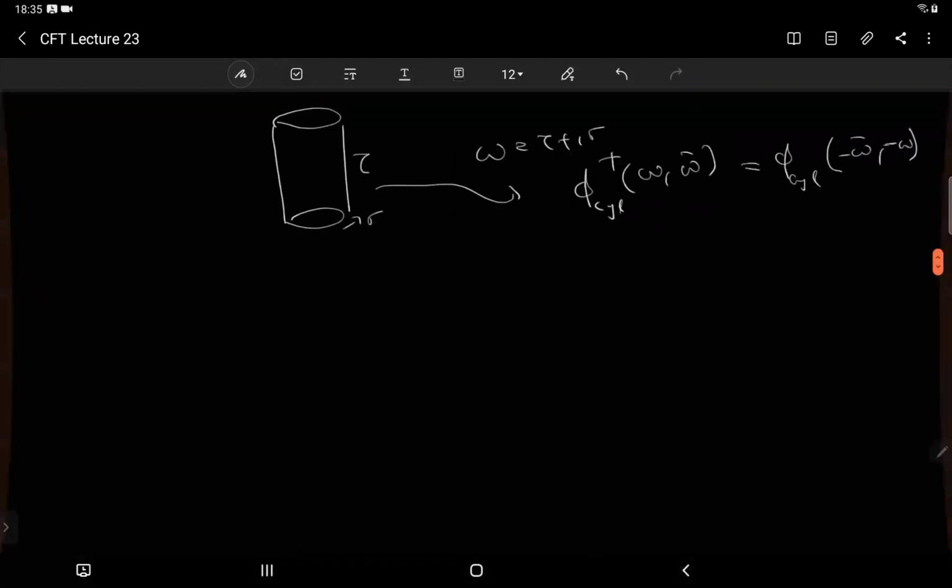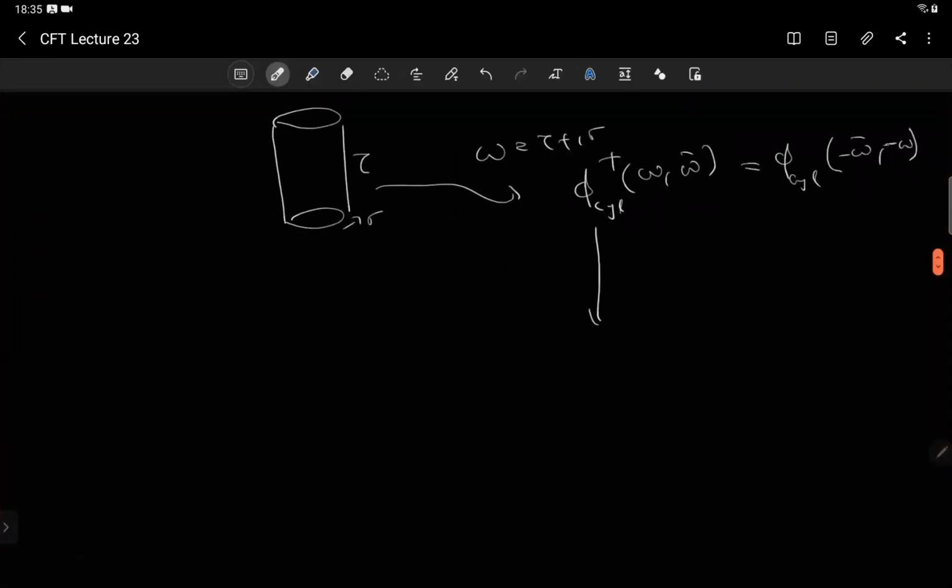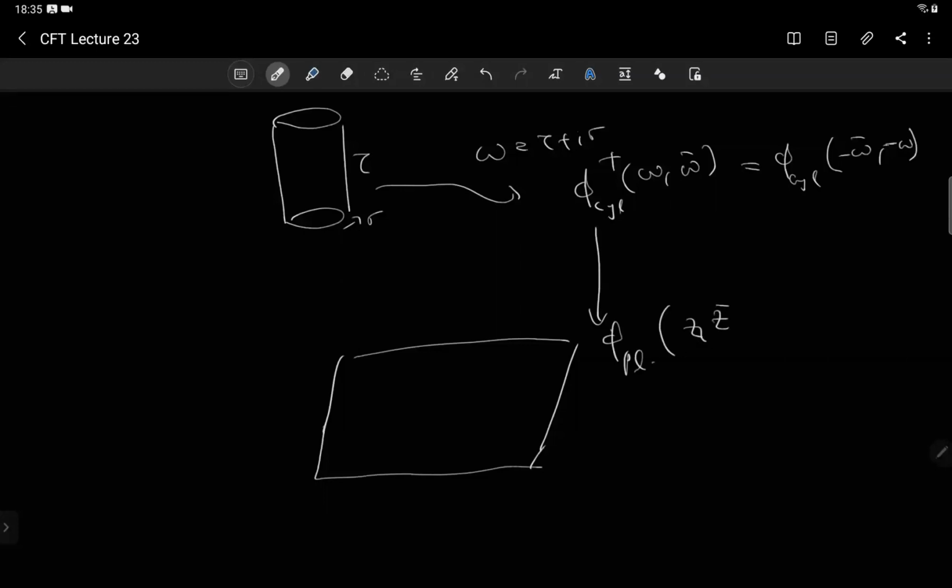And then now if you go to the plane, if you go to the phi plane, where it is z, z bar, and the relation is z is equal to e to the 2 pi by L, where L is the length of this circle, times omega.